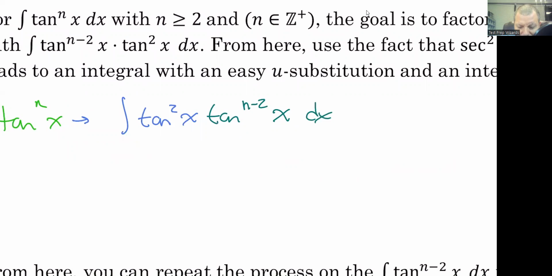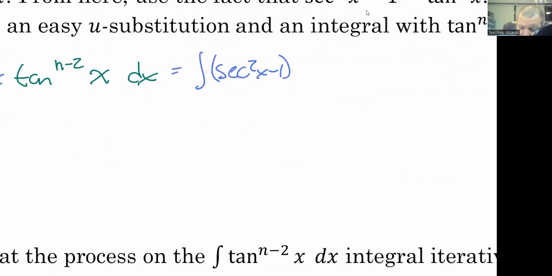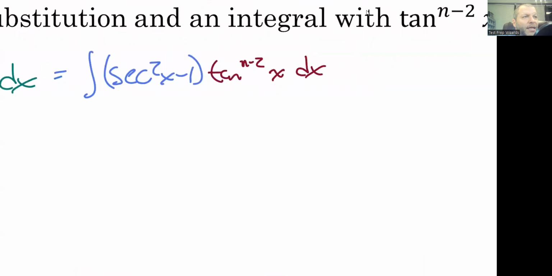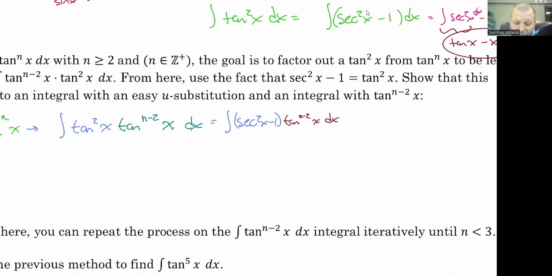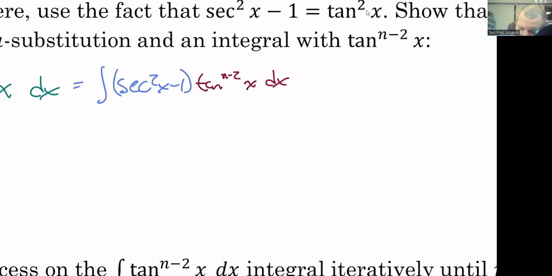Once we get to this step, we can say tangent squared of x is just secant squared of x minus 1, and then tangent to the n minus 2 stays as tangent to the n minus 2. If we look at what we have now, we can make a nice u substitution. I could distribute this to both terms.